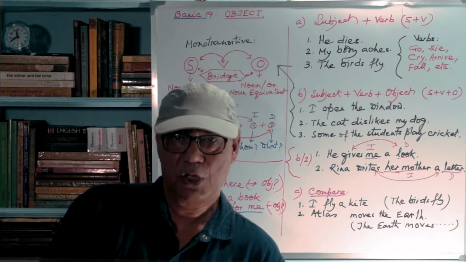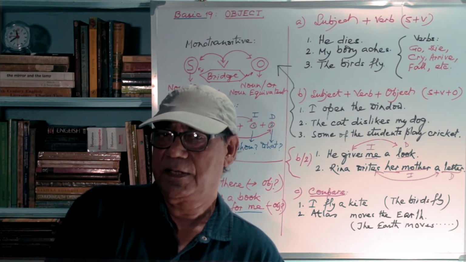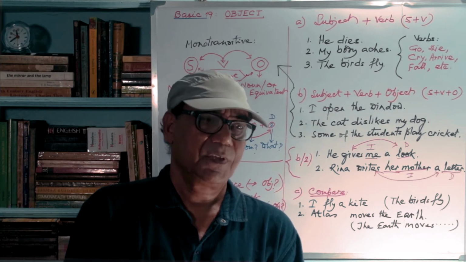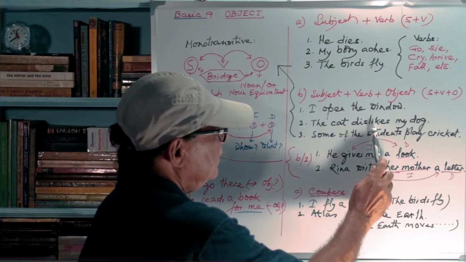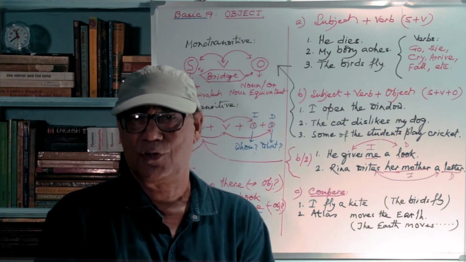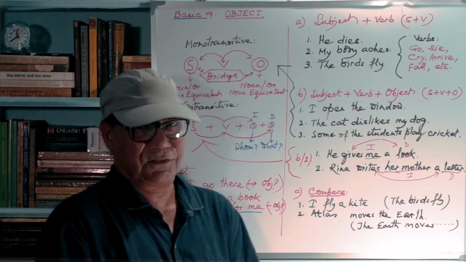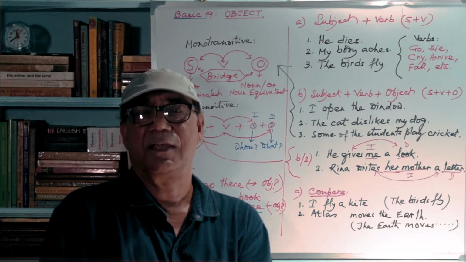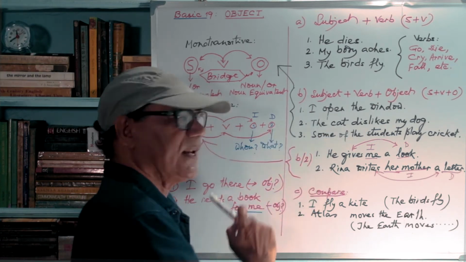The cat likes my dog, this is also possible. But the cat dislikes my dog, this is also possible. So the dislike verb somehow makes the relationship between dog and cat unfriendly. So the action of the verb moves towards the dog. Maybe the dog may not like the response of the cat.